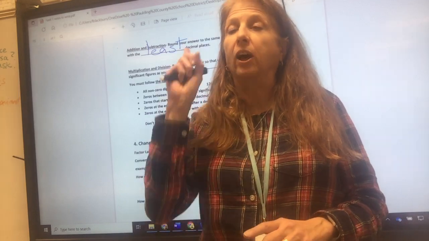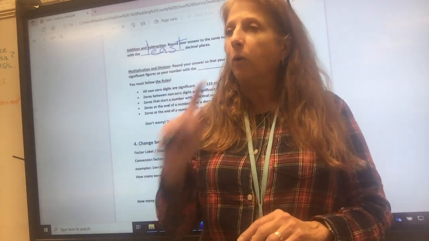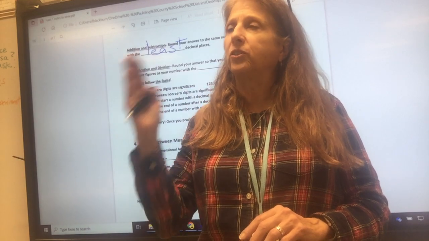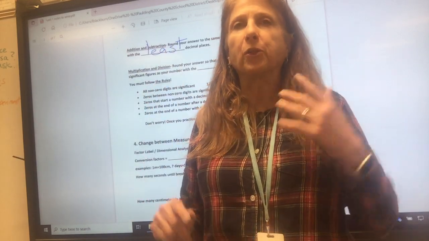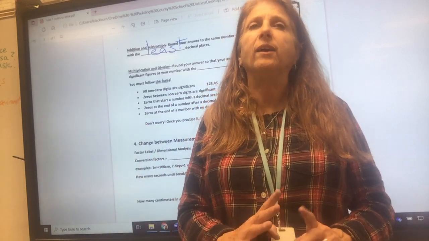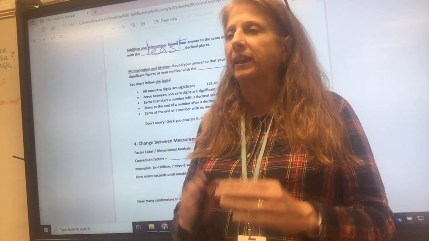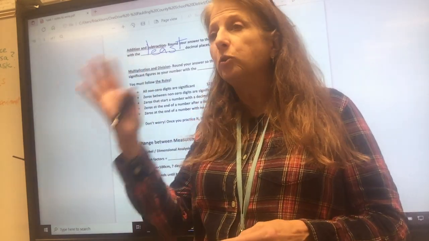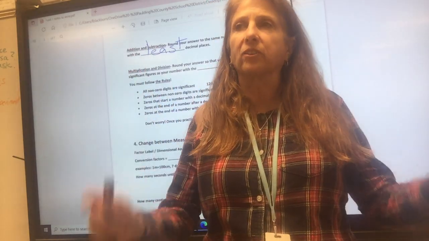And 3 only goes to the ones, 0.25 goes to the hundredths. So 3 plus 0.25 is 3.25, but now I have to round it to the one with the least places, and 2 leaves 3 alone. So the answer is 3.